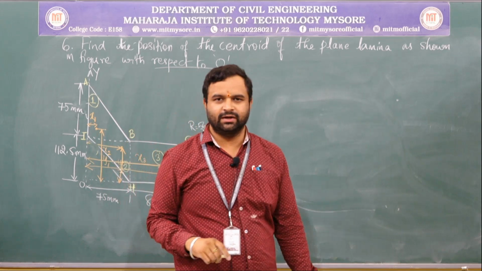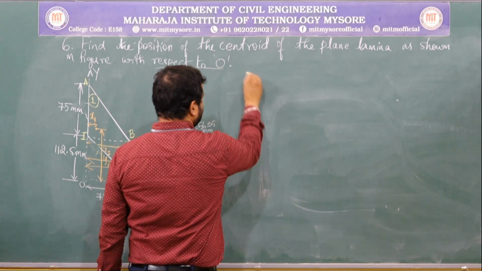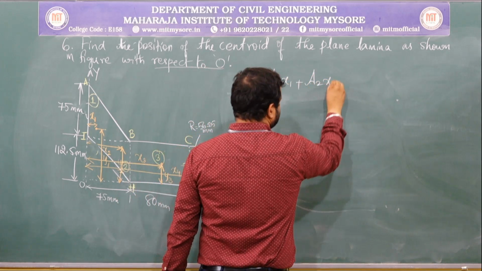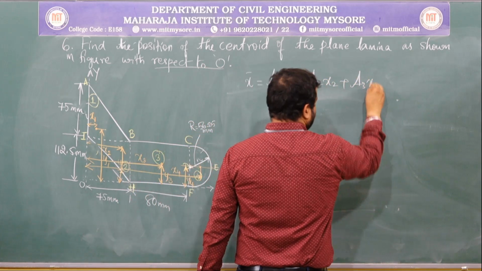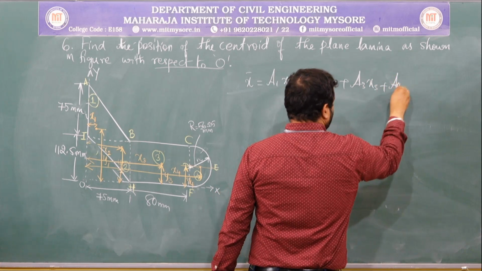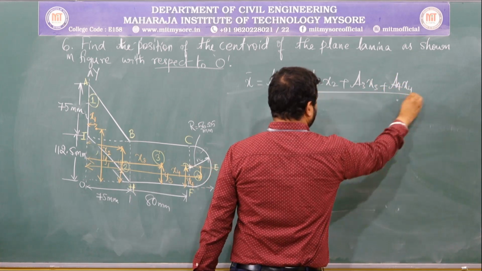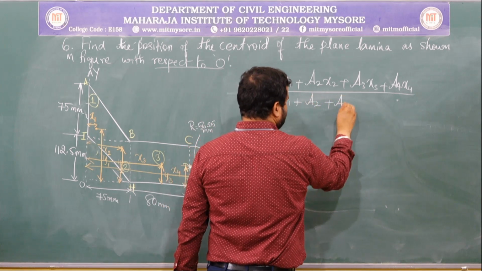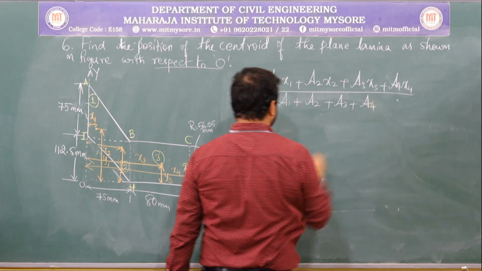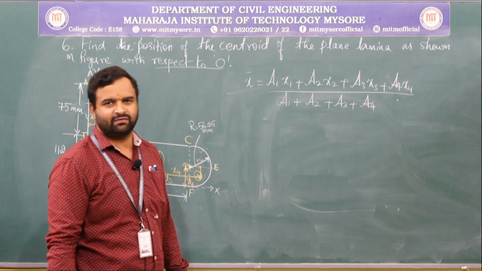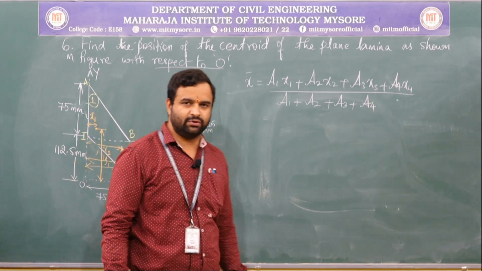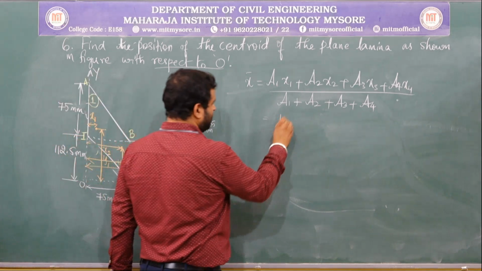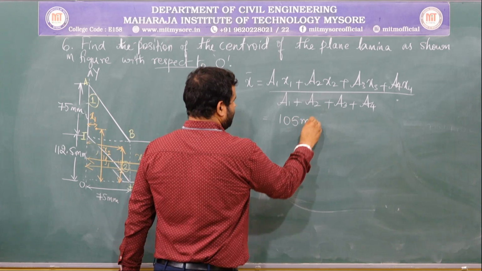So now let us calculate x bar and y bar. That is, x bar is equal to a1 x1 plus a2 x2 plus a3 x3 plus a4 x4 whole divided by a1 plus a2 plus a3 plus a4. After you substitute a1 x1, a2 x2, a3 x3 and a4 x4 from the table, you get x bar as equal to 105 mm.